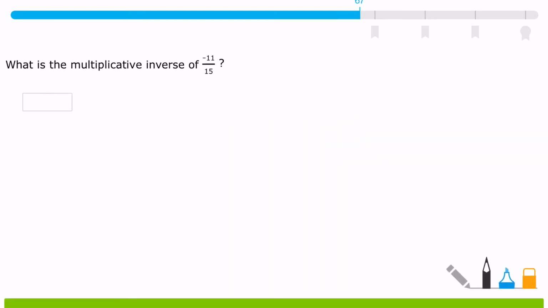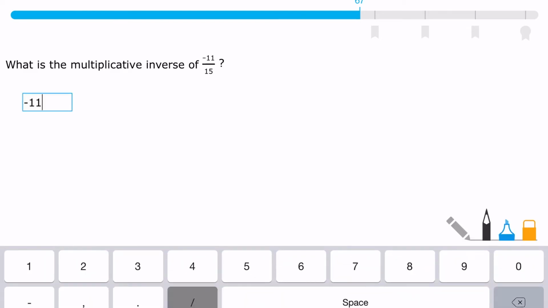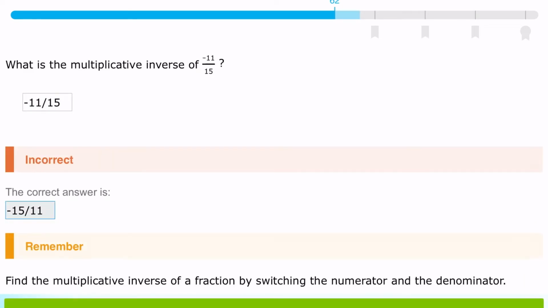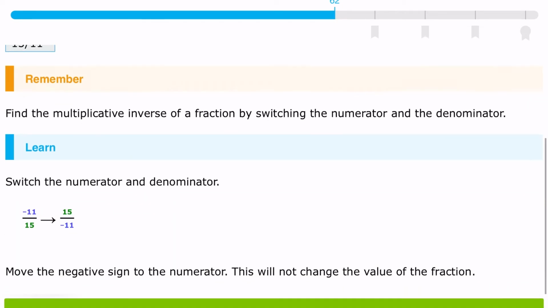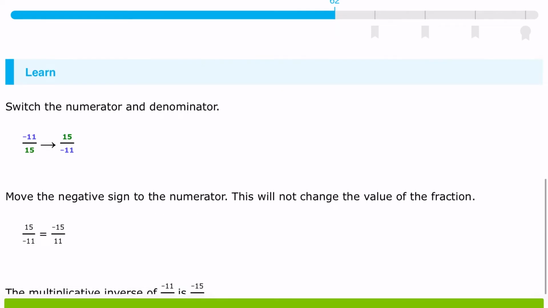So now I'm going to get this question wrong, and I'm just going to show you what iExcel tells you. If I get this question wrong, it gives me the remember and the learn.